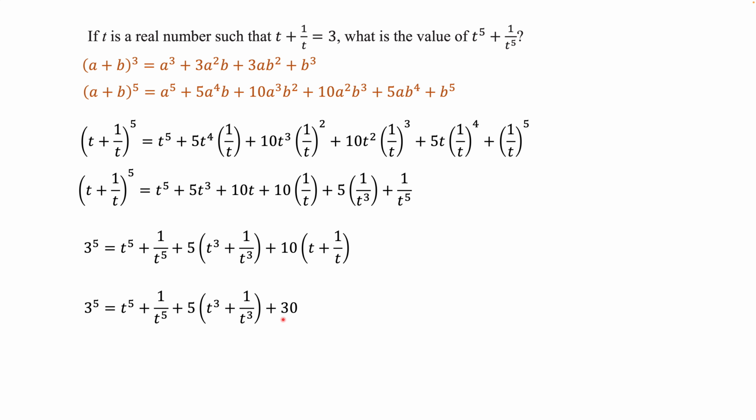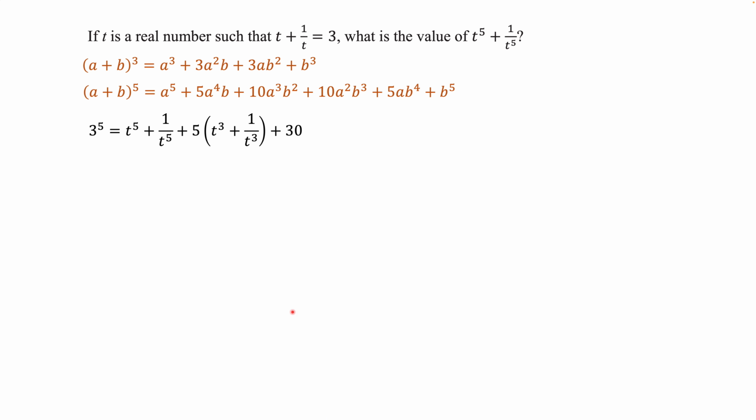So I simplify it a little bit. But now, if we look at this, we see that in order for us to find this term, we need to find this term. And if I do find this, I'm done. All right, so let's write this equation.